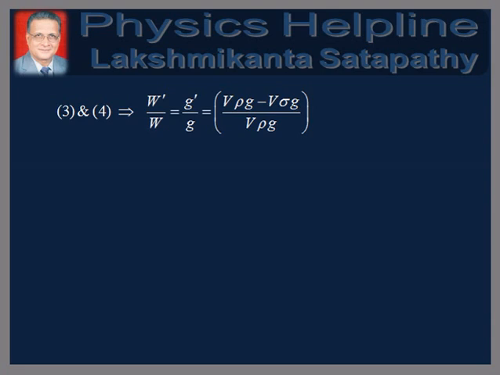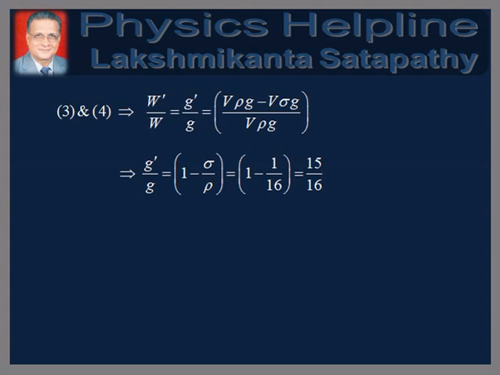From equations 3 and 4, we get W dash by W is equal to g dash by g, which is equal to V rho g minus V sigma g by V rho g, which implies g dash by g is equal to 1 minus sigma by rho.